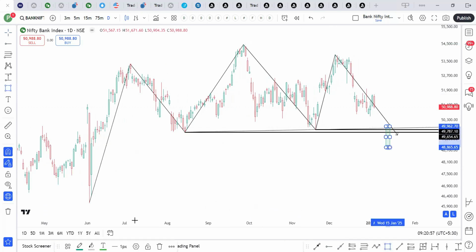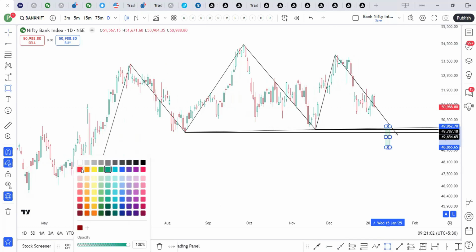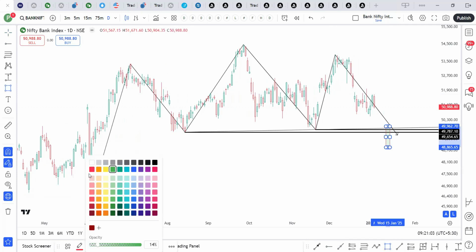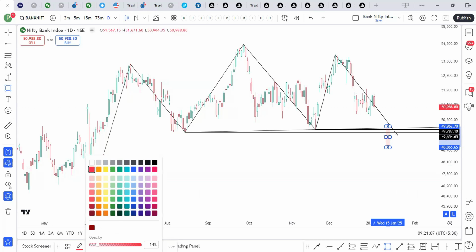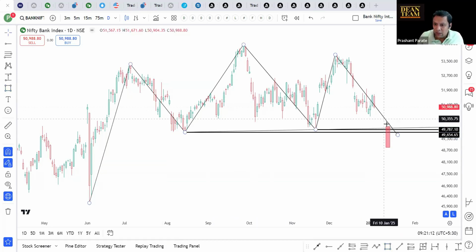If there is a strong bearish candle, only then will this head and shoulders pattern be confirmed.